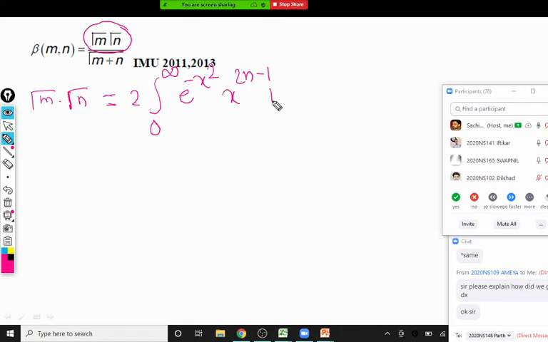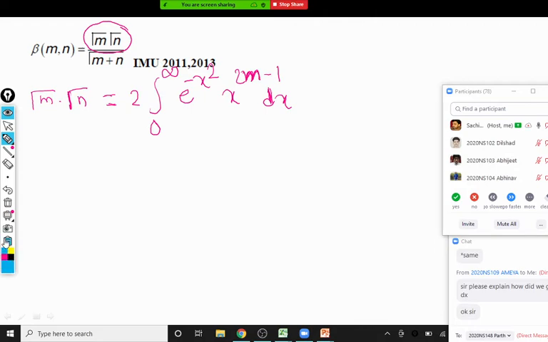Very good. Correct. So this is the value, but right now I am writing gamma m. So I write the value of gamma m by using the second definition.